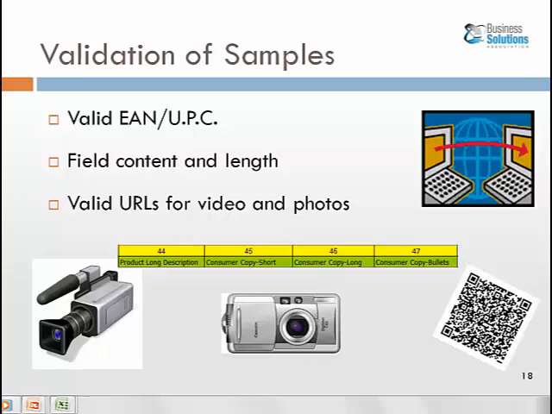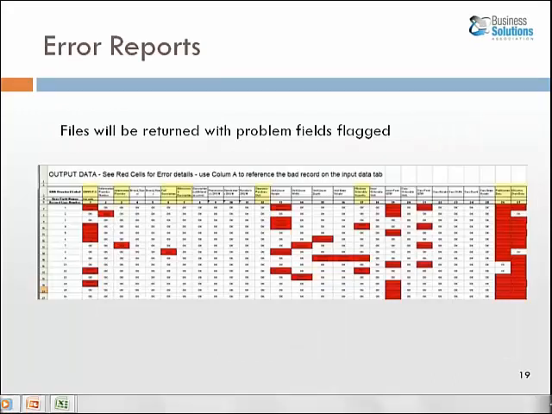When other content is available, OKBSA will also analyze samples of videos or photographs or other content to determine that they meet the technical requirements. OKBSA will return a sample file to the participating member with problems flagged. After any corrections are made, the OKBSA company will resubmit for final validation.